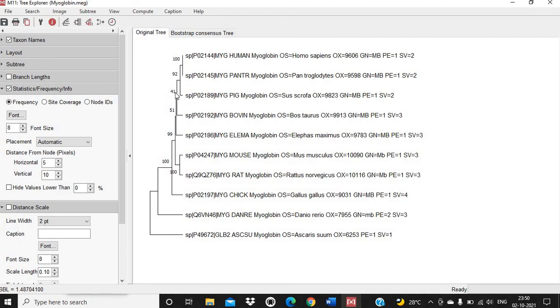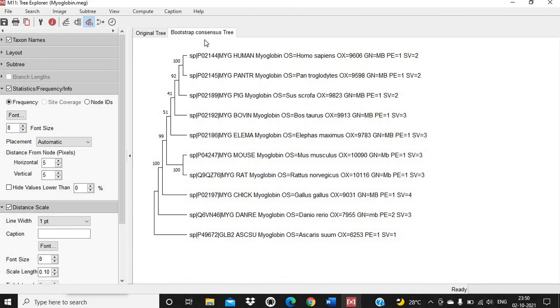And if it is less than 50%, then the confidence level is not very high. Bootstrapping constructs the trees in various ways, so you will also get a consensus tree.